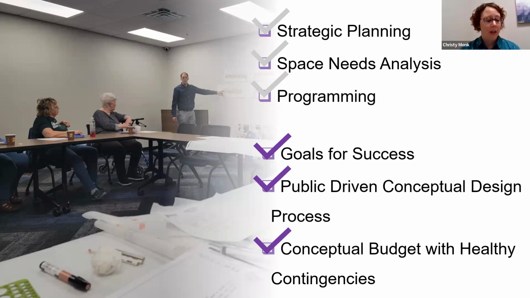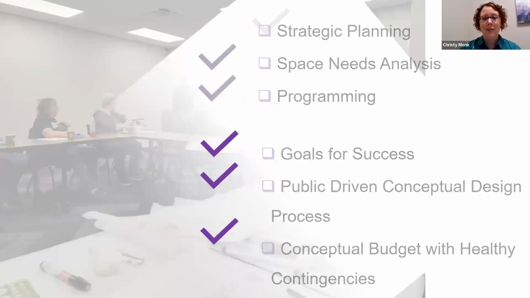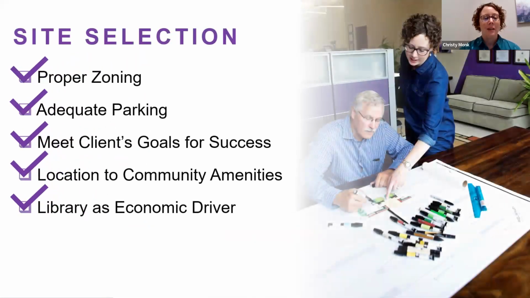And that is part of a previous video that you'll be seeing from a different entity. But we work with the public to create conceptual designs and then conceptual budgets with healthy contingencies. Everybody knows what the construction industry is doing in terms of costs lately, so you have to make sure that all of your costs are included in that conceptual budget. So you've got your goals, you've got your design, you've got those contingencies, and then you're ready to look at your sites.